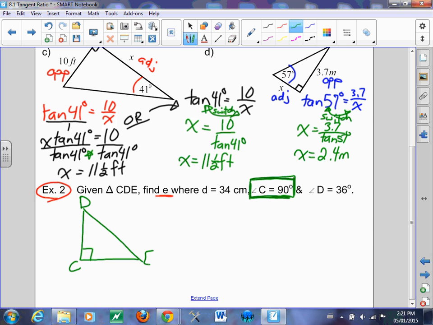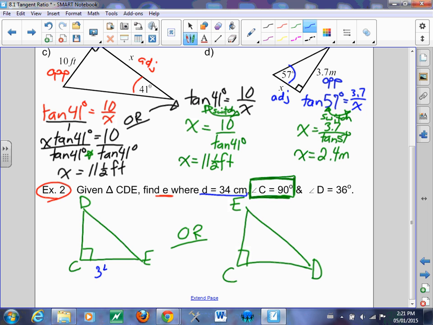So I'll draw this triangle, or you could have it like this, ladies and gentlemen. This could be E, and this could be D. Okay, as long as you set your triangle up correctly, you're going to be fine. When I mean correctly, you got to remember where to put these. So side D equals 34 centimeters. So D is over here. So this is 34 centimeters on this one.